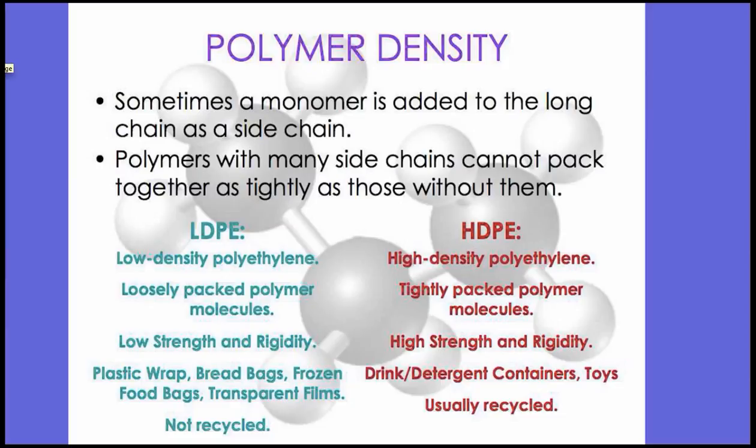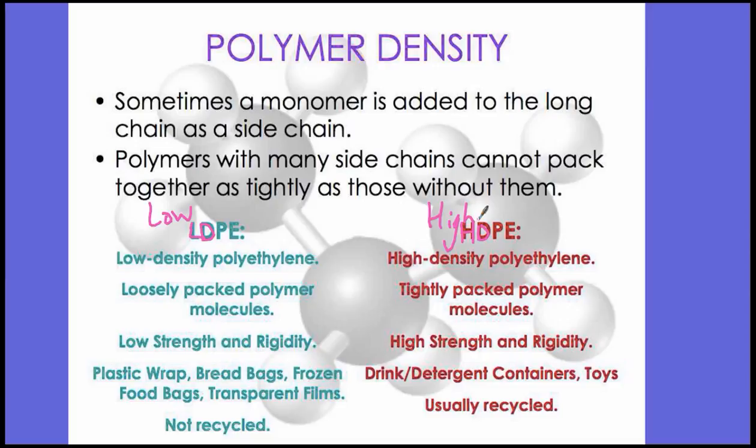So a larger polymer and water. Polymer density. You can have 2 different classes of polymer density. What did we say density was back in like unit 1? Mass over volume. How much stuff can you cram in how much space? So I can have LD, low density, or I can have HD, high density.